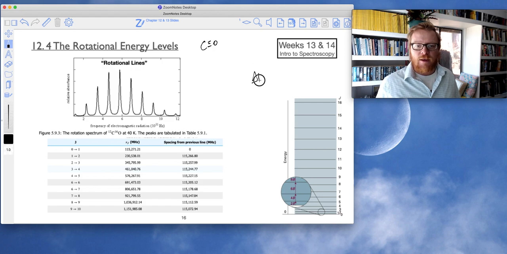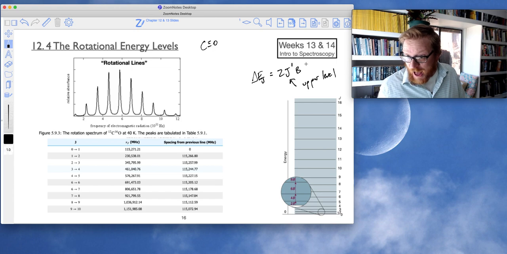So delta EJ equals 2 times J prime times B, where J prime is the upper level. So for example, when J is equal to 0, this whole thing is equal to 0. But when J is equal to 1, 2 times 1 gives me that value, okay?